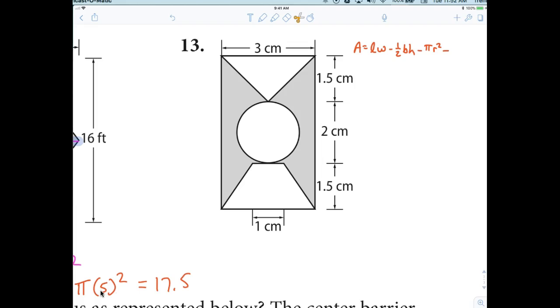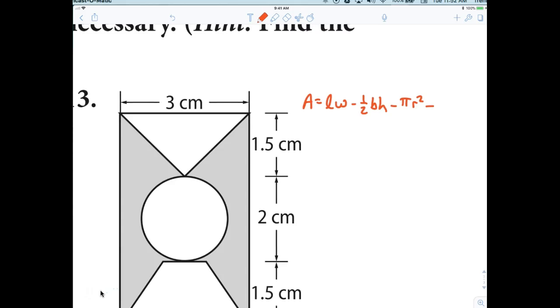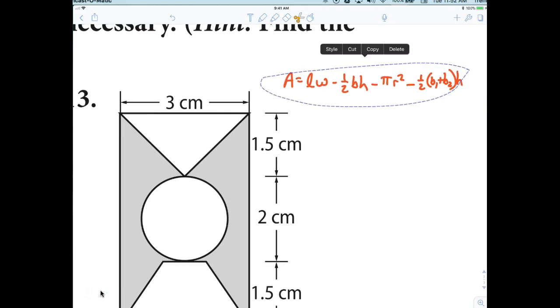All right, now what was the formula for area of a trapezoid? 1/2 base 1 plus base 2 times the what? Times the height. All right, so please, everybody take a look at that. Does everybody see that?